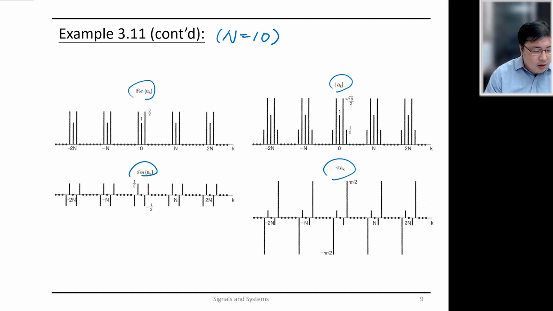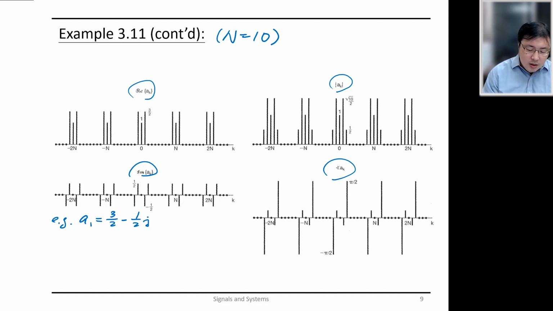For example, when you're looking at a1, a1 is 3/2 minus 1/2 j.